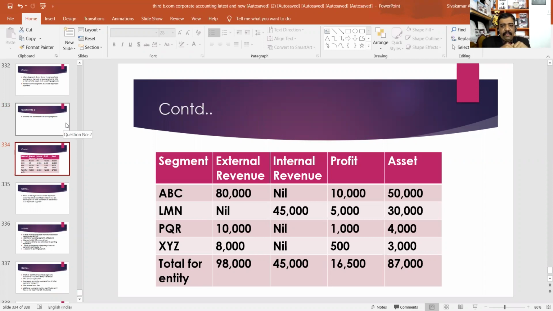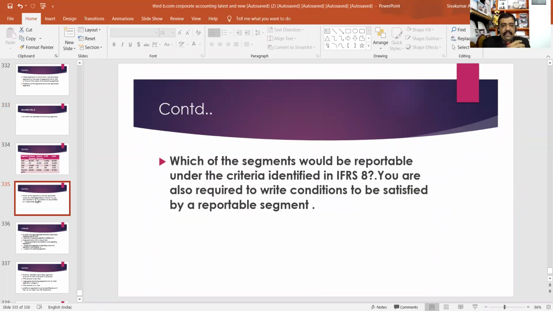External revenue, internal revenue, profit and asset-wise results of all segments and the entity are given in the question. Then you have to discuss which of the segments would be reportable under the criteria identified in IFRS 8. You are also required to write the conditions to be satisfied by a reportable segment.